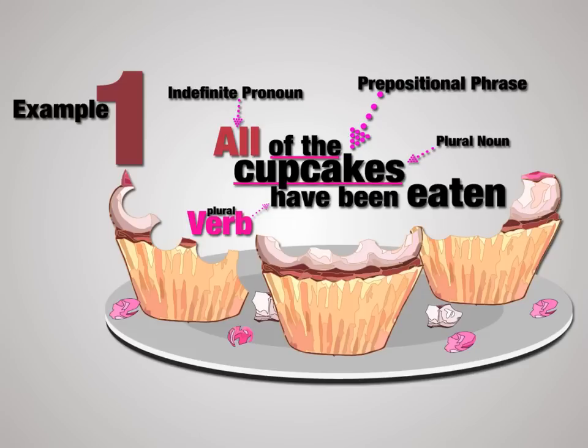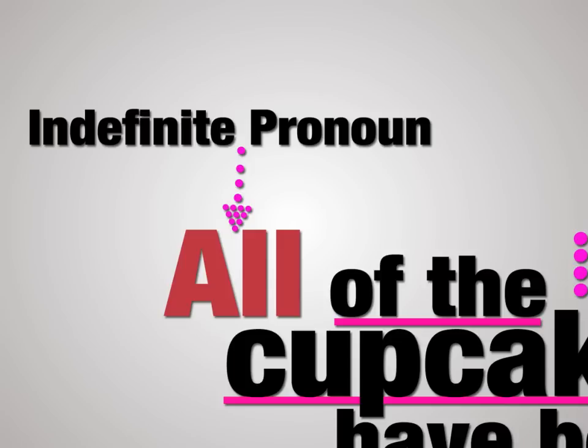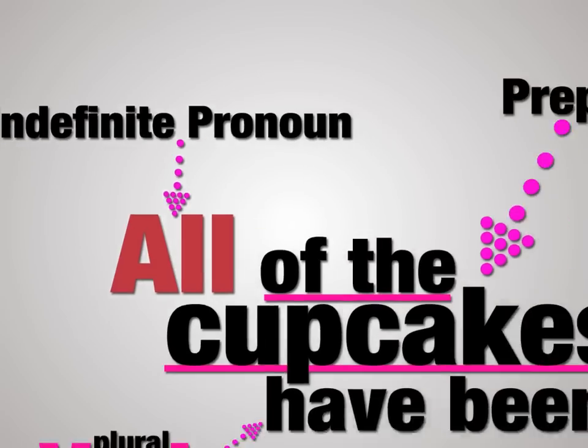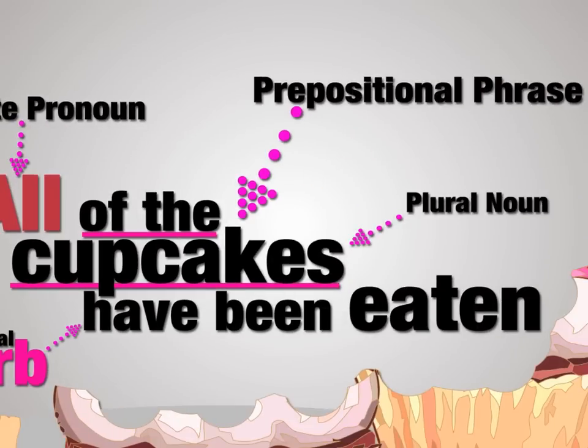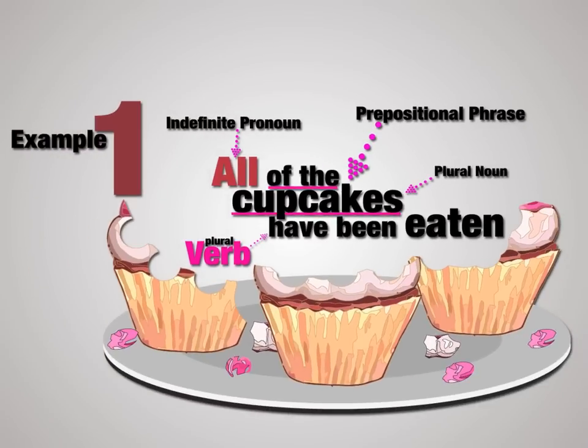In the first example, all of the cupcakes have been eaten. Using the indefinite pronoun all, you will notice that the noun cupcakes in the prepositional phrase is plural, and therefore the plural verb have is used as opposed to the singular verb has.